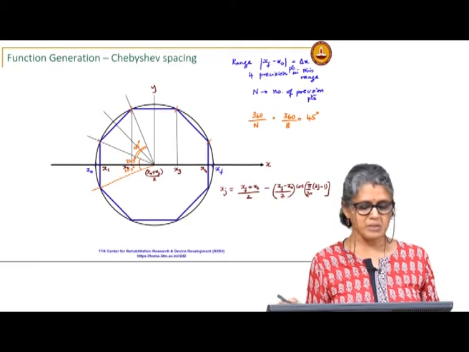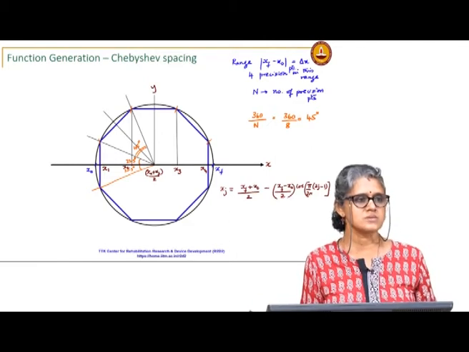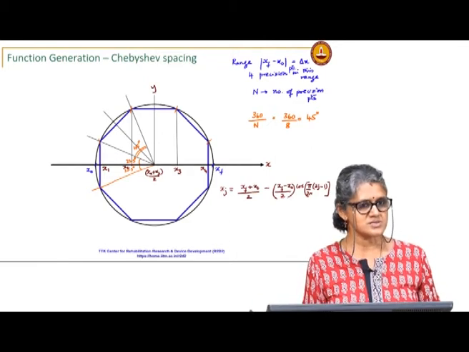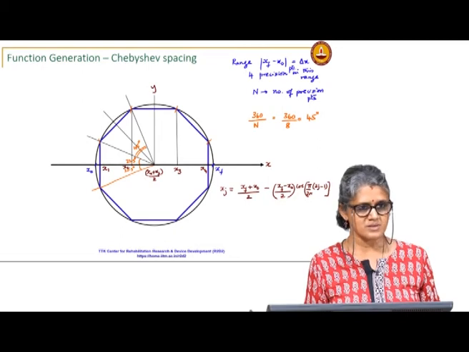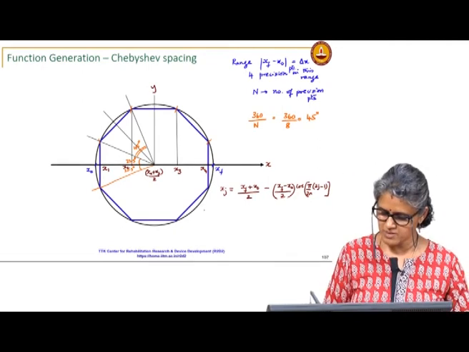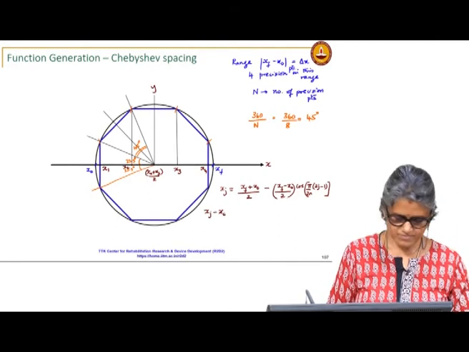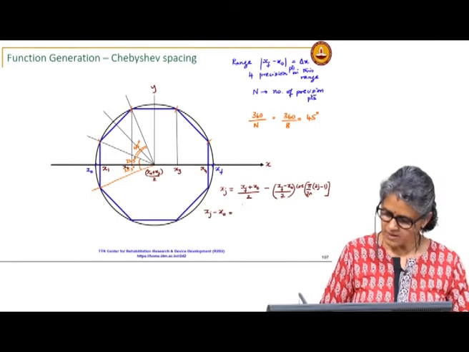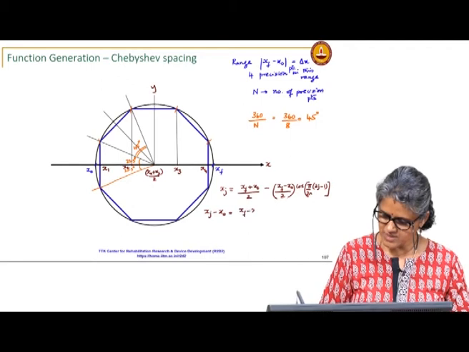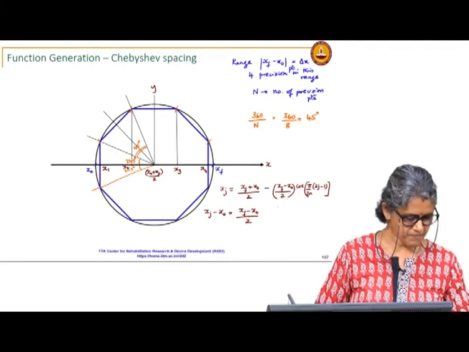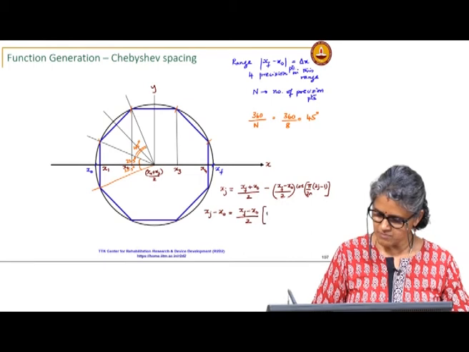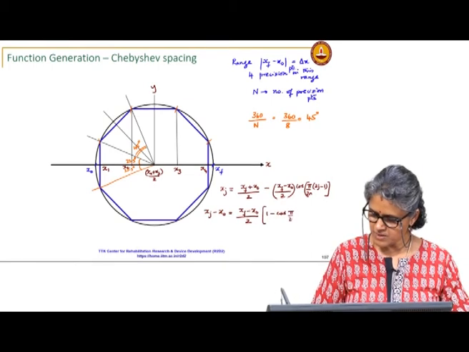You can remember this, or the graphical construction is easier, or remember it as xj minus x naught equals xf minus x naught by 2 into 1 minus cos pi by 2n into 2j minus 1.